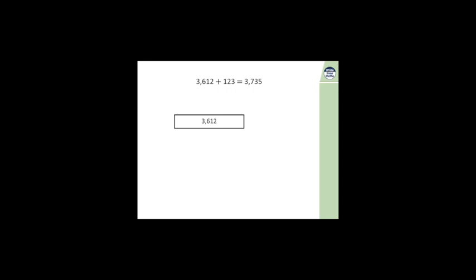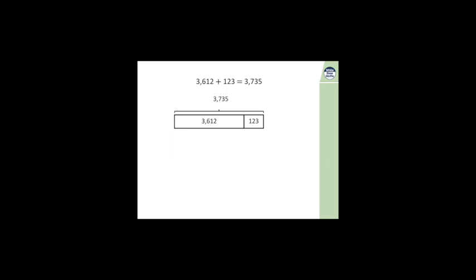So there's our part. That is part of our bar model, 3,612. Here's another part, 123, which leaves one more part of our bar model. But we don't call this the part, we call it the whole. So our whole, which is our total, is 3,735 with two parts, 3,612 and 123.